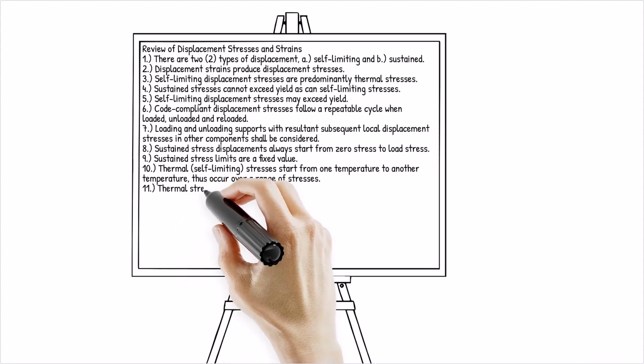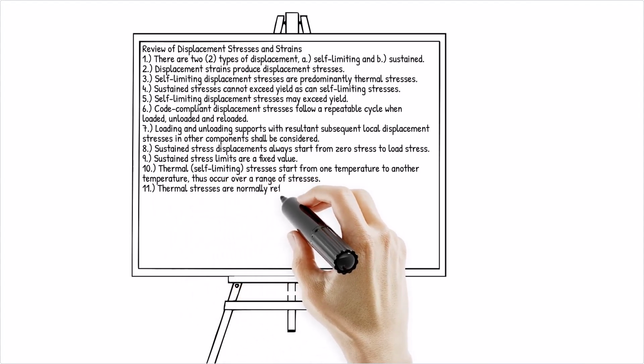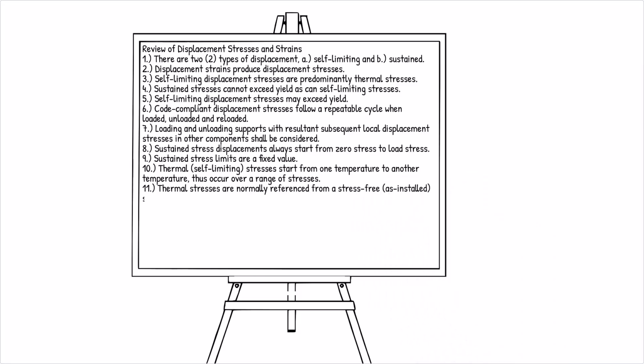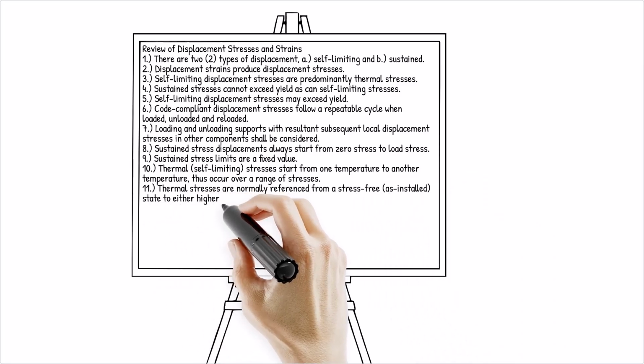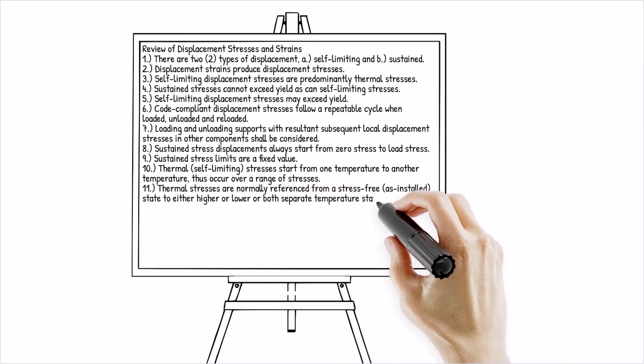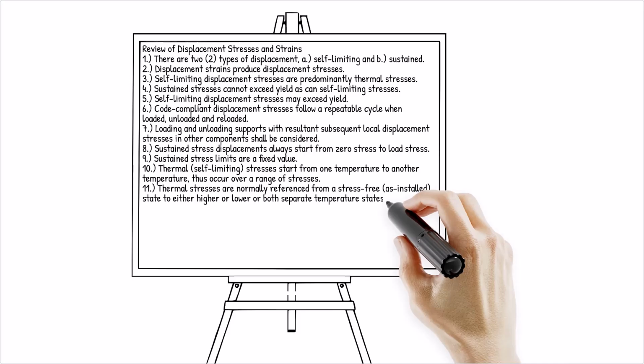And because thermal displacement stresses and strains are over this range, there is normally associated with such a range a reference temperature. And the state that we're talking about as far as the range from the reference temperature can go either up or down or even both from the reference temperature.